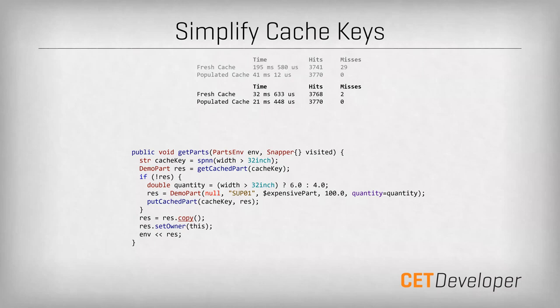Things are way, way faster still. This is the point I really want to drive home: keeping your keys as simple as possible while still uniquely identifying your values will have a huge impact on how efficient your caches are and how much time you're saving for the user.